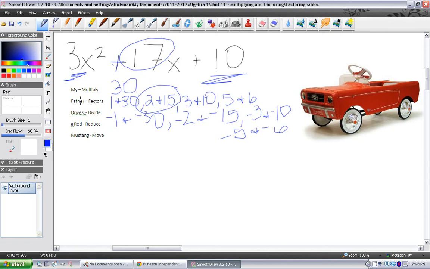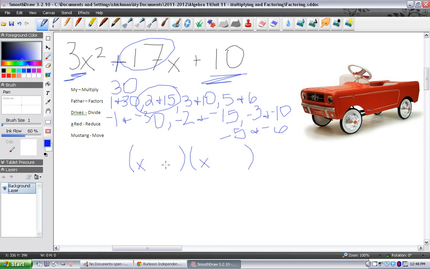Okay. For the drives part of my father drives a red Mustang, we divide. So you are going to start writing your two binomials now. We know that they're going to look something like this, that they are going to start with an x in front and an x in front here. That's all we have so far. And then we have 2 and 15.